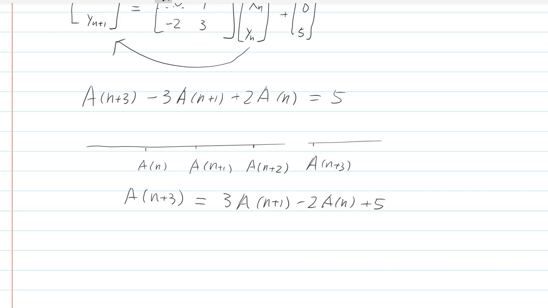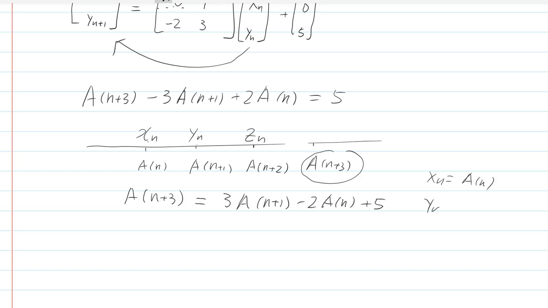So what it means is that in order to find a_{n+3}, you're going to need 1, 2, 3 variables. So you're going to call this one x_n, this is y_n, and this is going to be z_n. So x_n is going to be a_n, right?